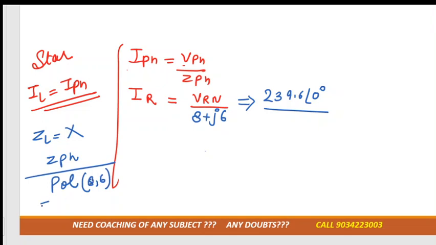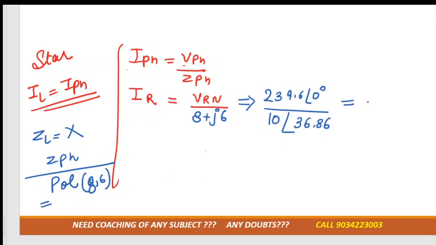Then you will get the magnitude. What is the value of magnitude you got? I think you'll get around 10, and the angle would be 36.86. This is the value you got.